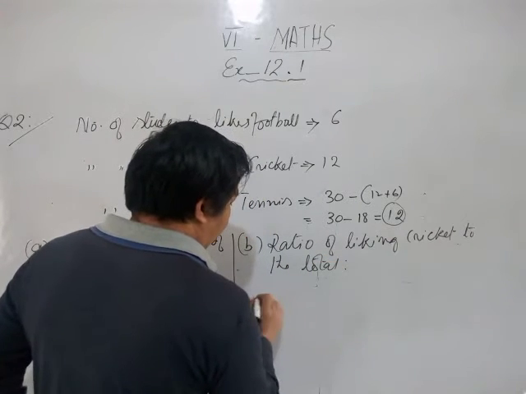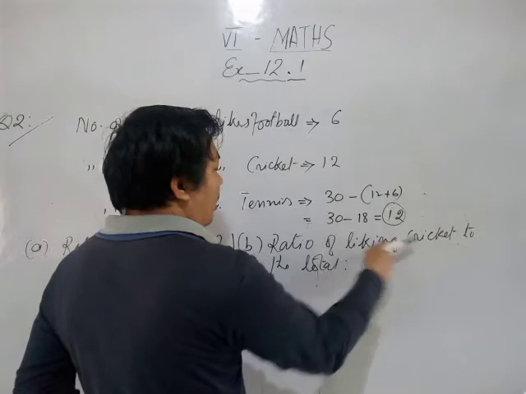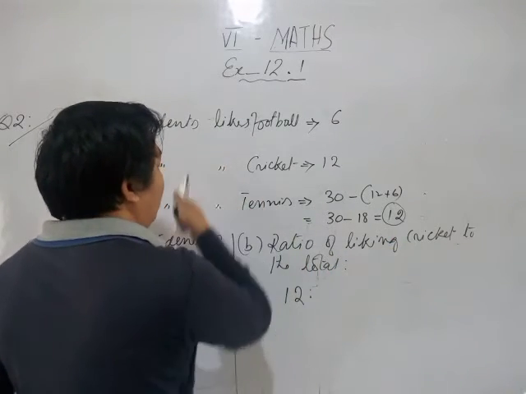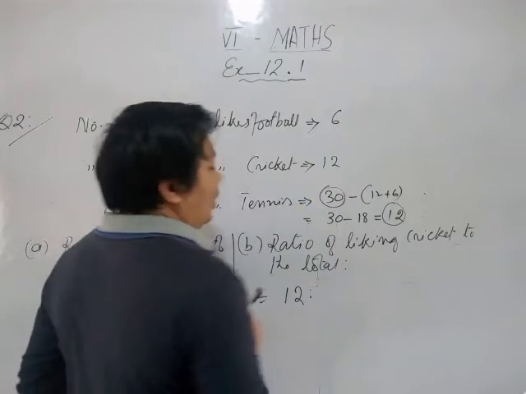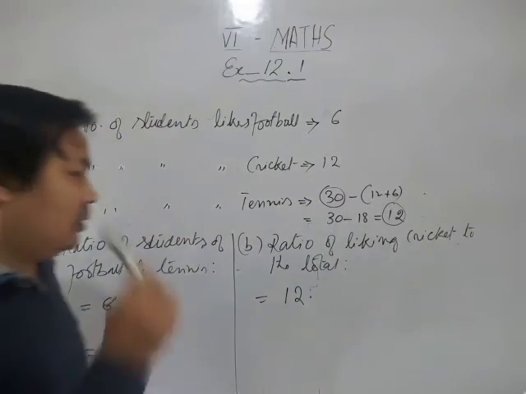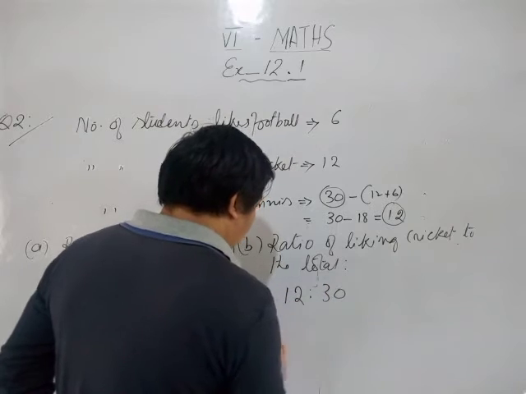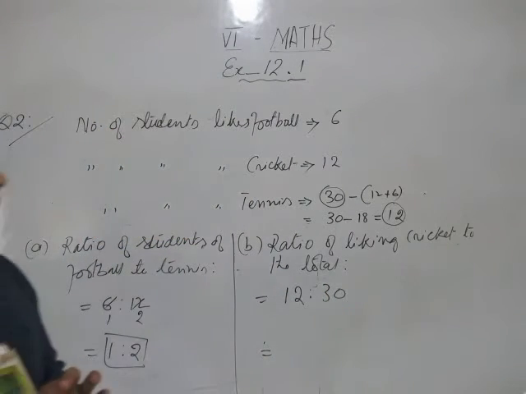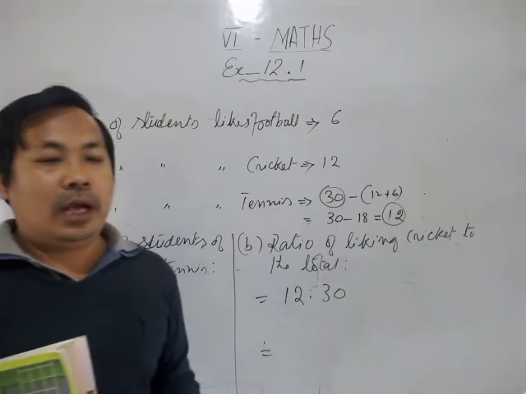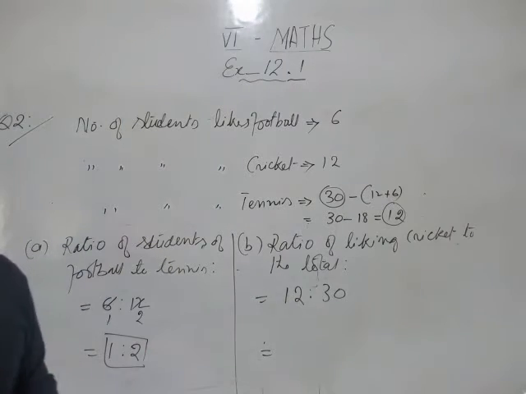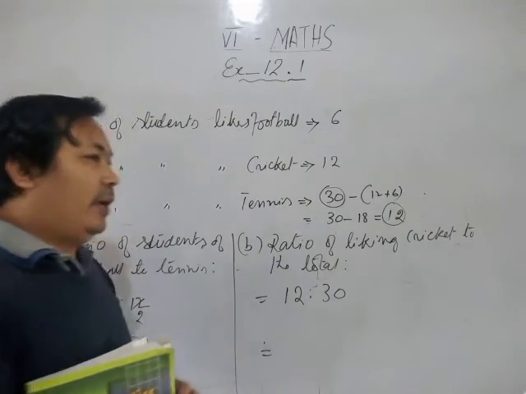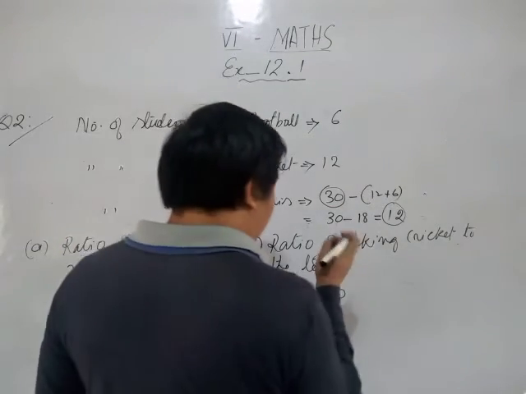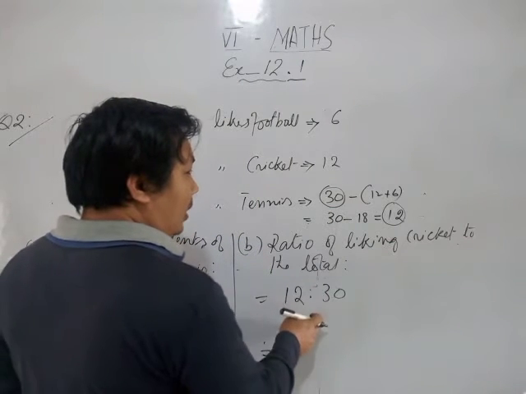The number of students who like cricket, how many are there? 12 are there, isn't it? 12 is to the total number of students, how many are there? The total number of students is 30, so we take 12 is to 30. Still, the terms in the ratio have a common factor that can divide both. So what is that common factor? Let us see. That is none other than 3, isn't it? Yeah, 3.